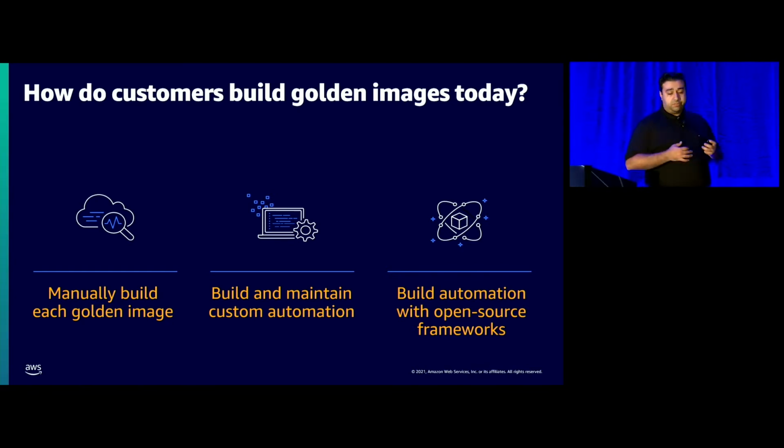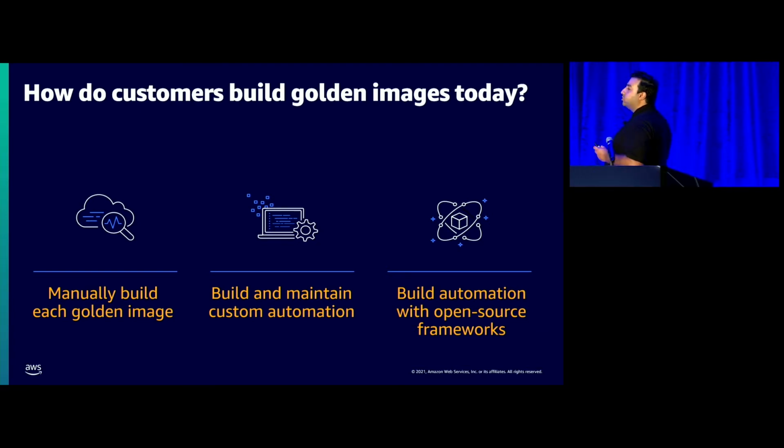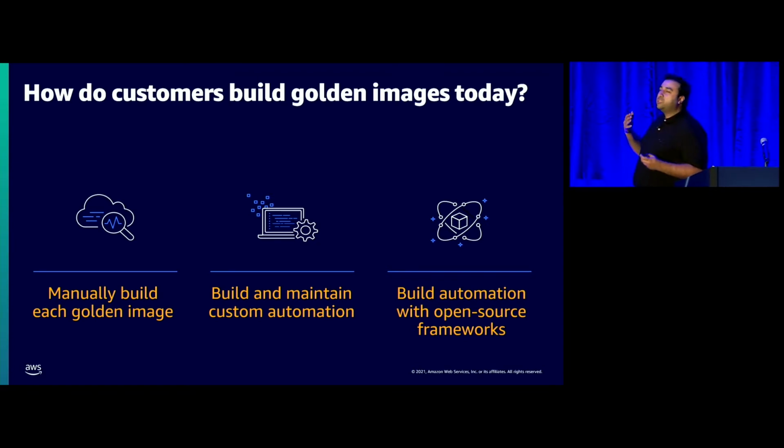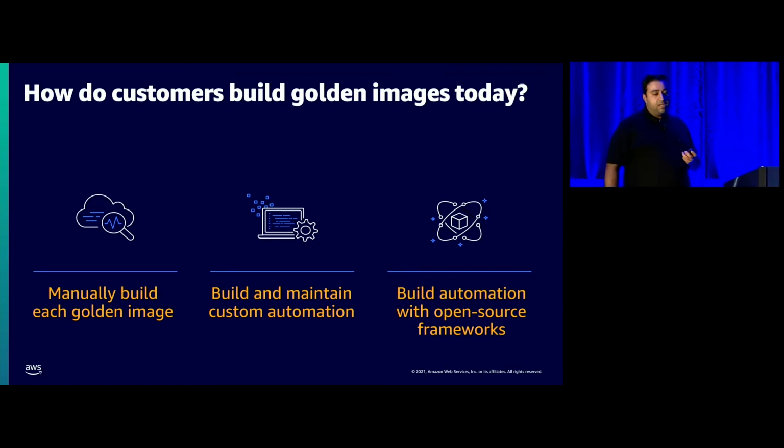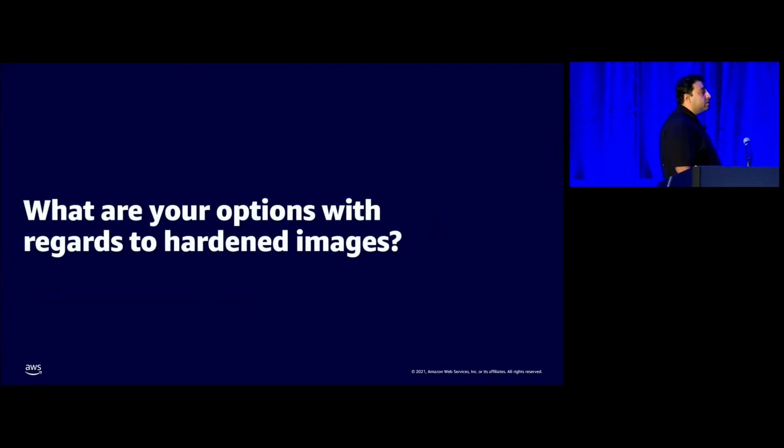You do this either by manually doing it all over, or by building and maintaining some sort of custom routine, semi-automated methods and technologies, or you use custom automation scripts with open frameworks like Packer, for example. We know they work, and we know customers spend a significant amount of time working on those with this technology.